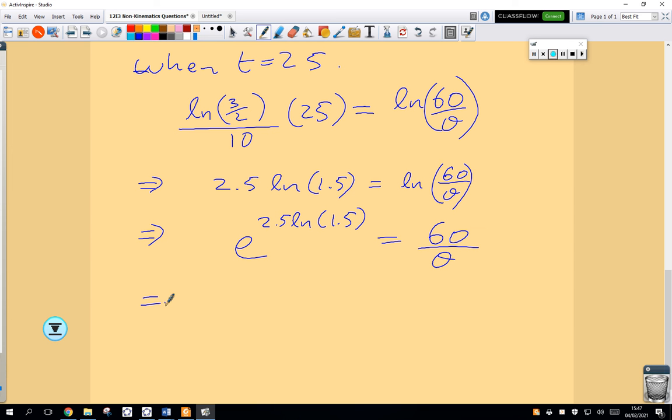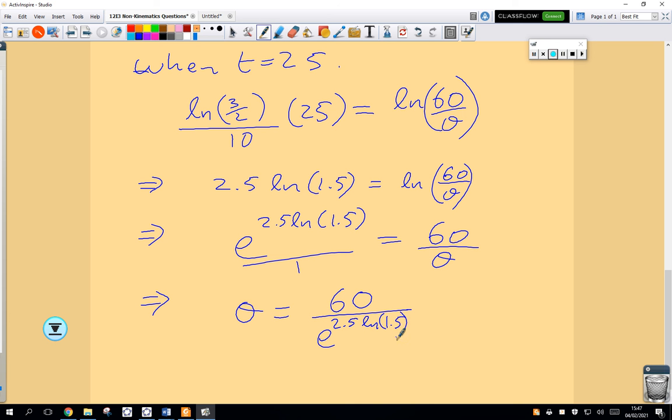And again, if you just think of that as over 1 and use a bit of cross multiplication, multiplying on both sides by theta will give me theta over here. Dividing on both sides by this e to the power of 2.5 natural log of 1.5 will give me 60 over e to the power of 2.5 times the natural log of 1.5.